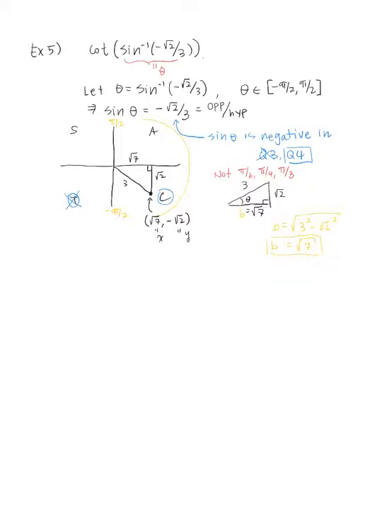Okay, so I think we are good to go. Therefore, sorry, let me just write down our angle theta. Which way is that going? Clockwise. So you know for sure that our angle theta is going to be negative. So keep that in mind. All right, so let's go.